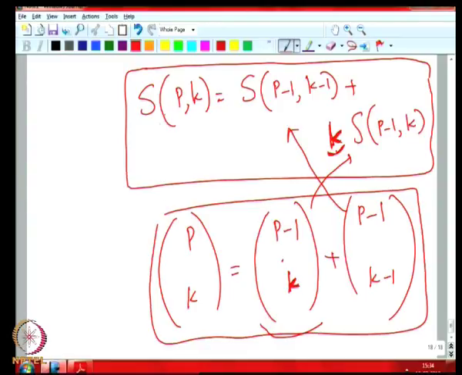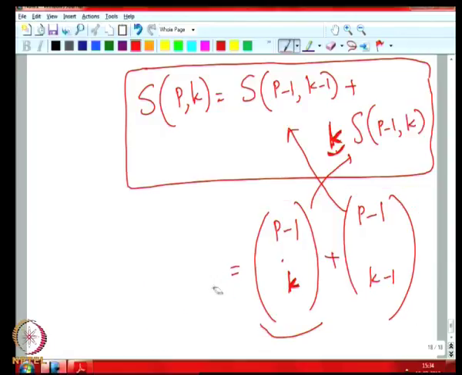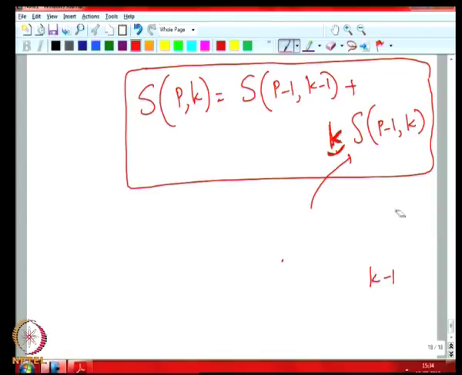So, when you want to write the recurrence relation for S of P k, you can write it like the binomial one and then insert that k there. Or if you think about the proof, it is very easy. You just have to remember that we are partitioning it in two ways: the partitions where P comes as a singleton set and the partitions where P never comes as a singleton set.